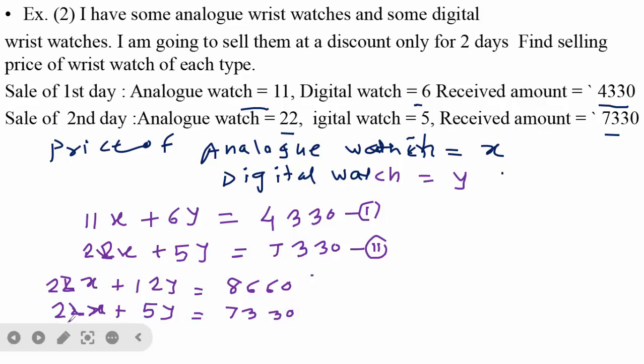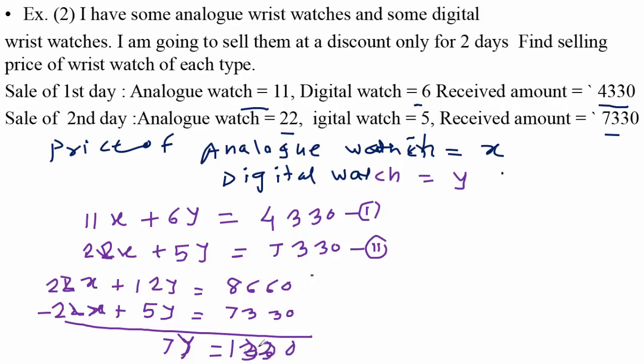Now I shall subtract these two equations. If I subtract, 22x minus 22x gets cancelled, 12y minus 5y becomes 7y, equal to 8660 minus 7330, 1330. 7y equal to 1330.